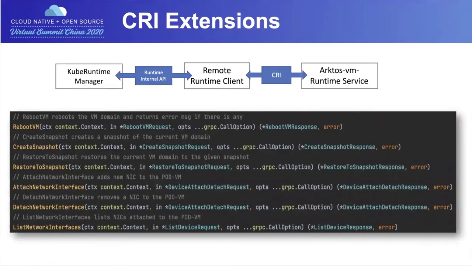Actors is designed to support full-fledged VM definition and operations on VMs to match the feature set that OpenStack currently offers. In Actors, the CRR interface has been extended with a set of new APIs to support those operations.